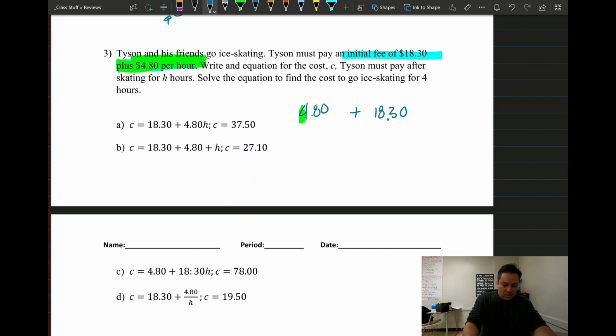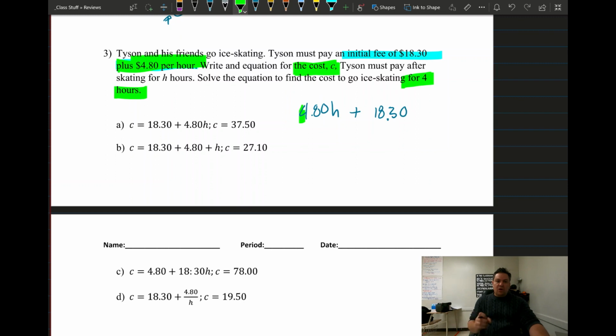Or whatever letter, I guess they're using H. Write an equation for the cost, C. So we're looking for the cost, C, again, an equation. Find what Tyson must pay after skating for 8 hours. Solve the equation and find the cost for 4 hours. We're going to find how much you're going to spend for 4 hours, okay?